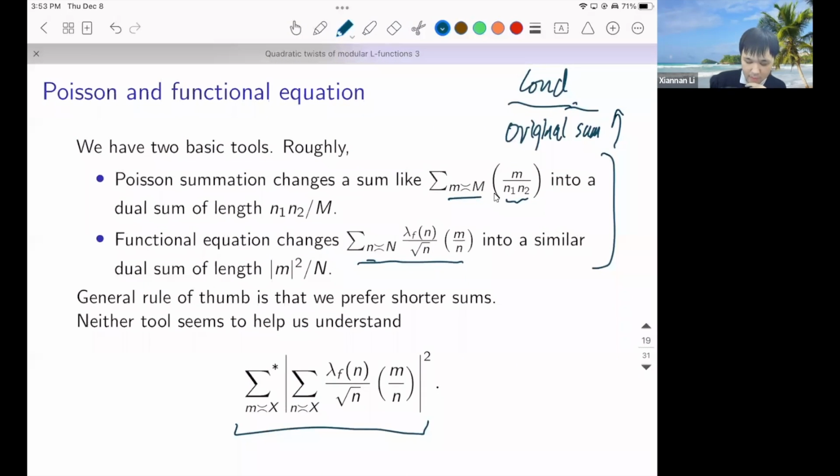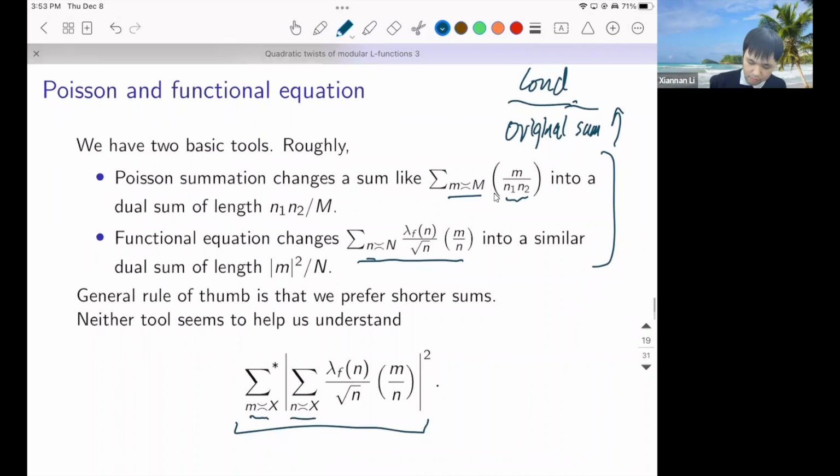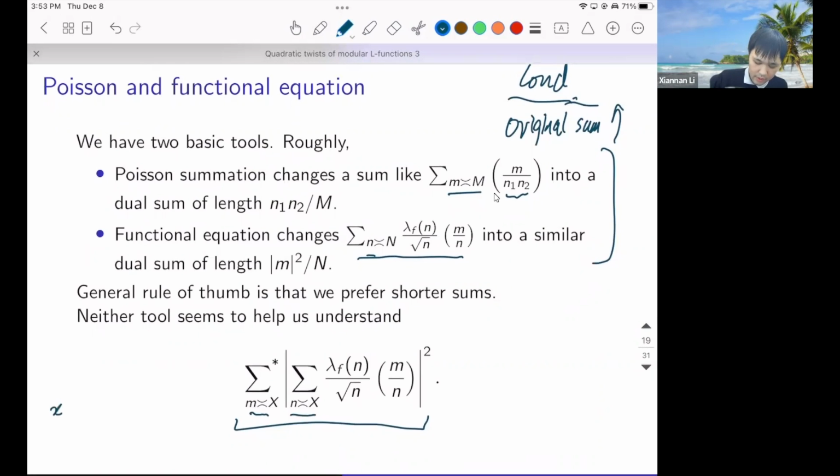So this is where m is around size X, and n is also around size X. I should mention that little x around size big X roughly just means that there's a constant big A such that A times big X is less than or equal to little x, which is less than or equal to some constant big B times big X. Okay. I'll be liberal with these constants. I won't really mention what they are, but you could write down explicit constants here as well.